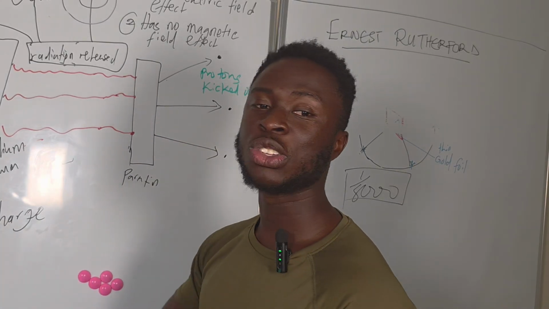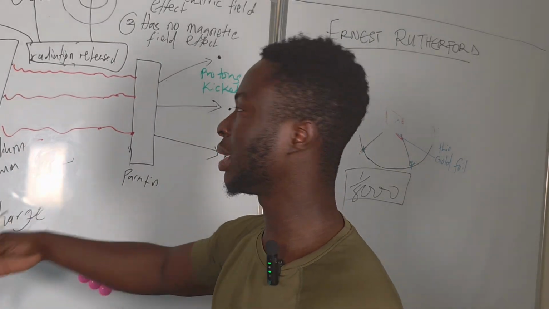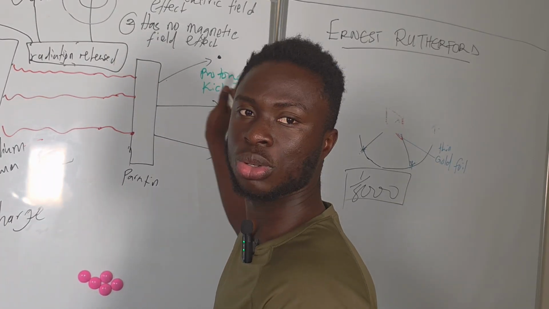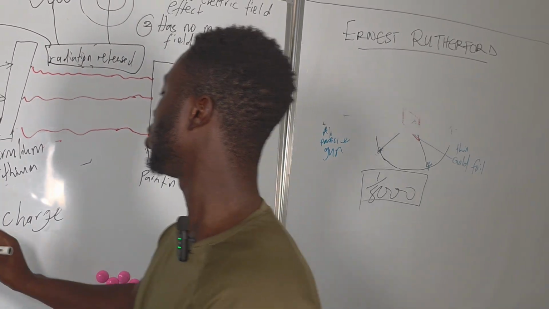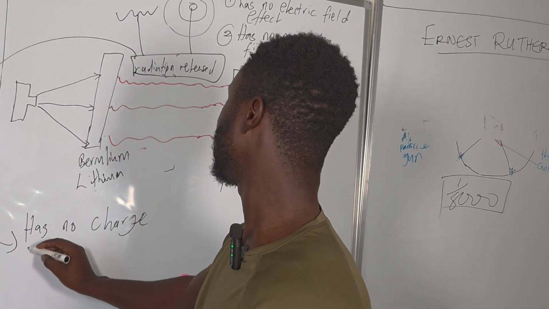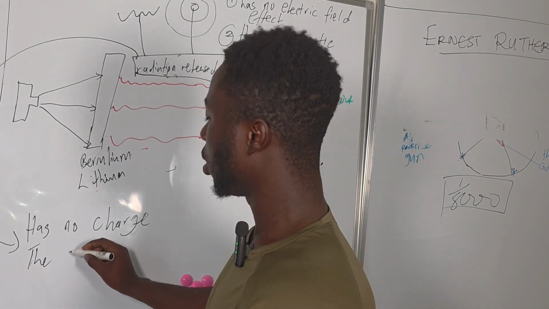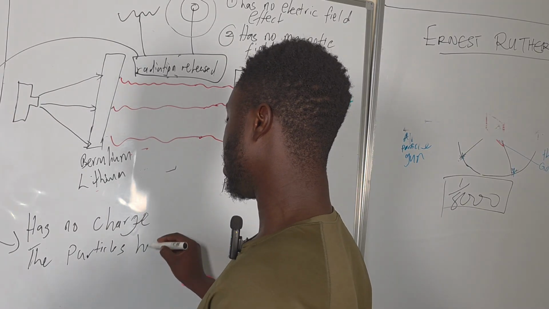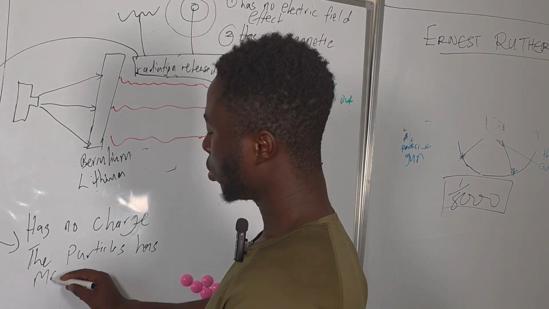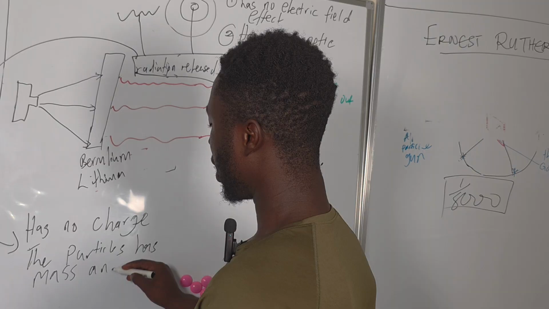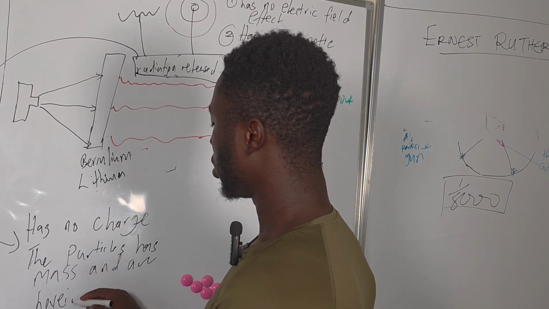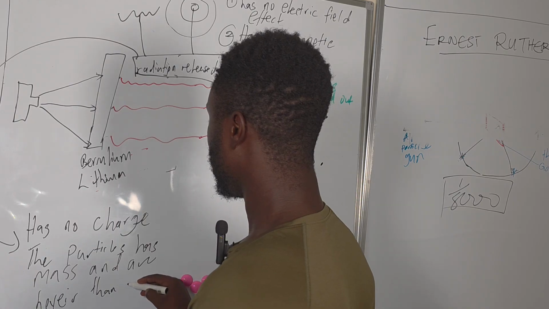And the mass has to be bigger than an electron, because electrons cannot kick heavier particles out. So he also stated that the particles have mass and are heavier than electrons.